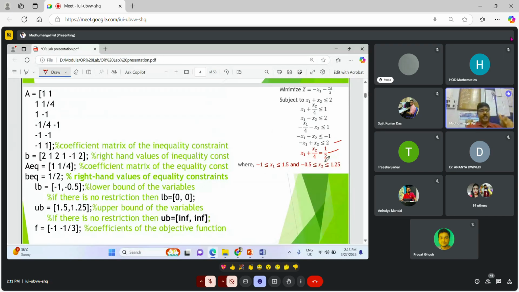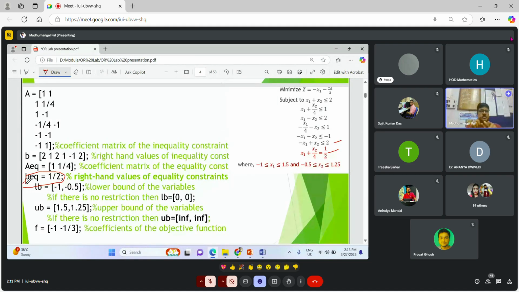And what is beq? beq means the right hand vector for the equality constraint. So there is only one value, half. Note that here we have written only half, not written within the square brackets. MATLAB is an intelligent system. This is a very important thing. So it is not required to write half within the square bracket.